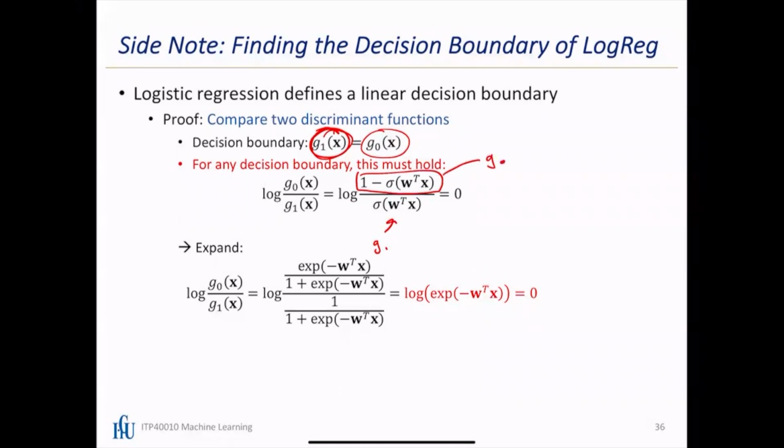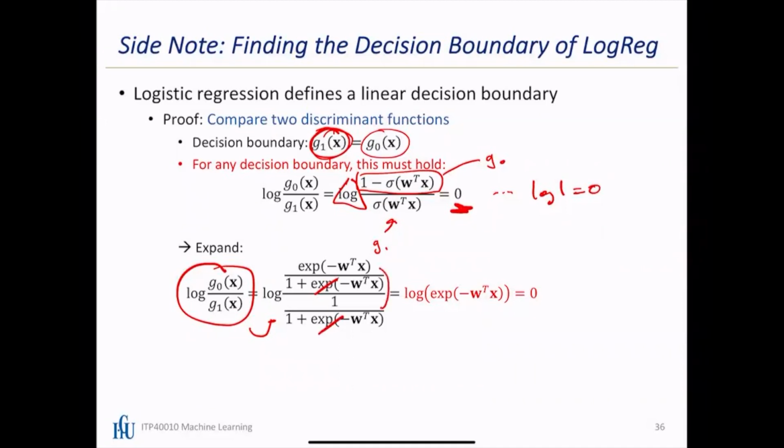That means we put log in front of it, where log 1 is 0. So where the G1 and G0 values are the same. We can start from this equation, log G0 over G1, and expand it in this way. So log of a bunch of exponentials and 1 plus something. These two are equated, so they are gone.